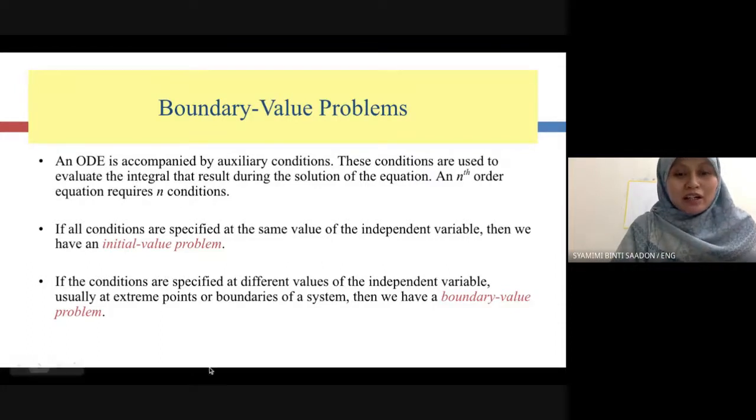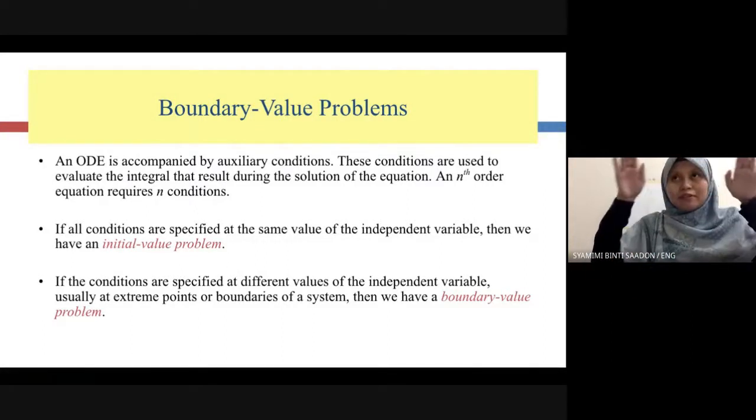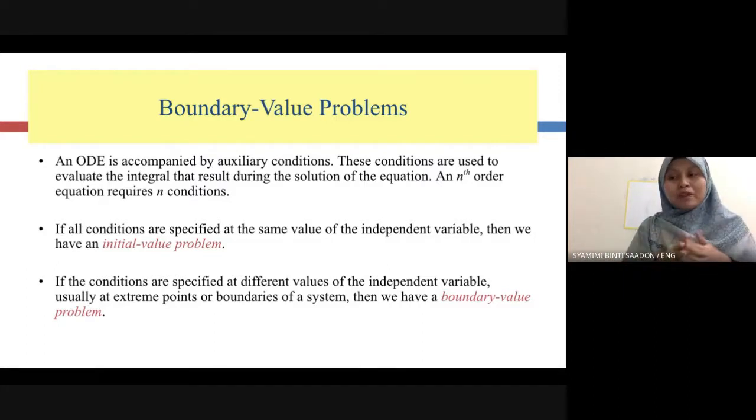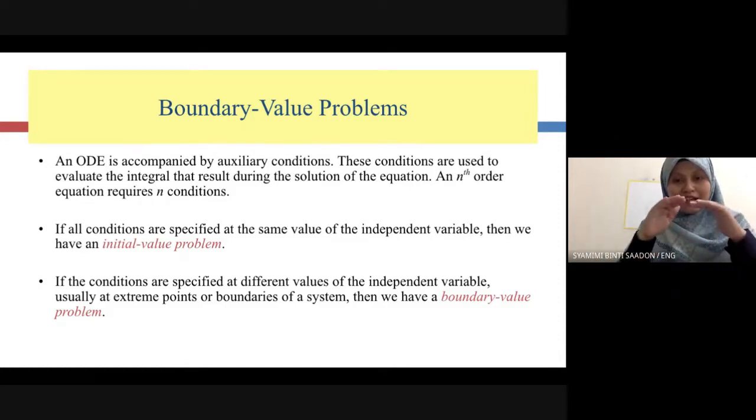If the conditions are specified at different values of the independent variable, usually at extreme points or boundaries of a system, then we have a boundary value problem. So other than the initial value point, if we are given boundary values, the boundary values are normally at the extreme points, meaning initial and at the end, or if you have a control volume, sometimes you are given values at the outer part, the external part of the control volume.